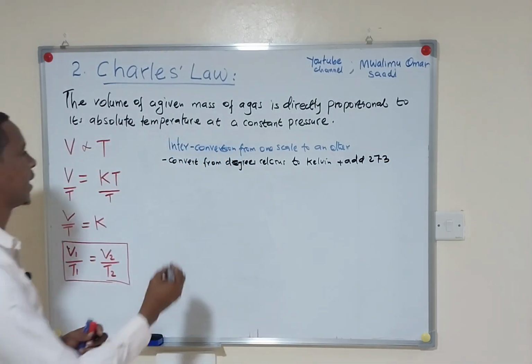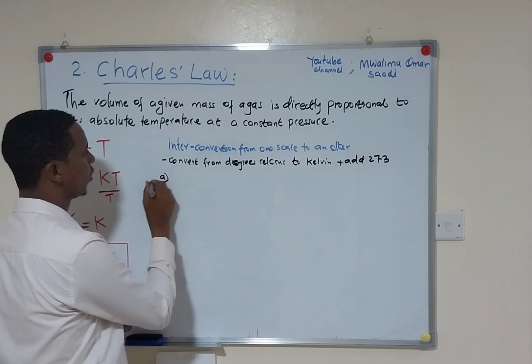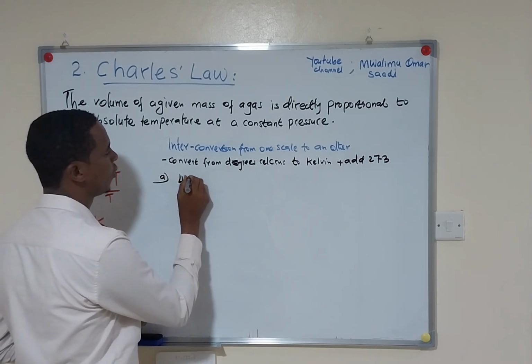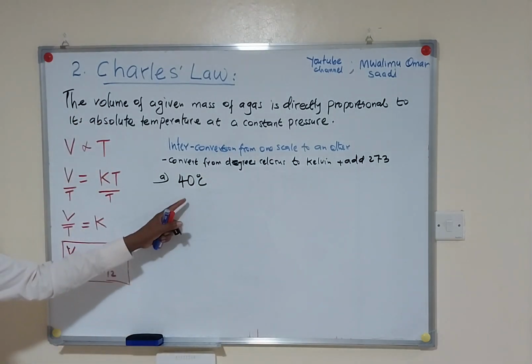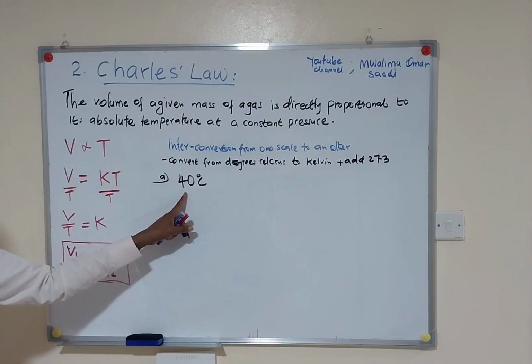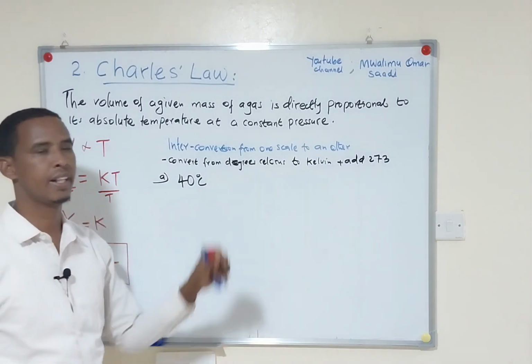For example, let's say here we have 40 degrees Celsius, and this is the one that we want to convert to temperature in Kelvin.